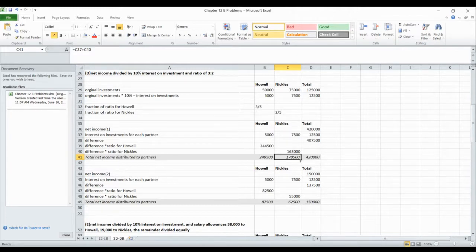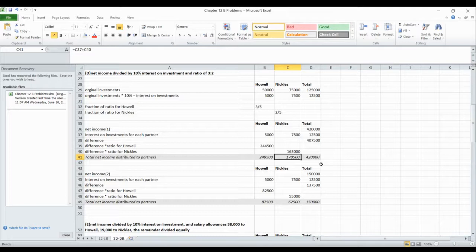To check your work, it's always a good idea to add both of the net income amounts together to make sure that it comes back to the net income for part 1, which was 420,000. That gives you a check figure that will help you in knowing that you're going in the right direction.